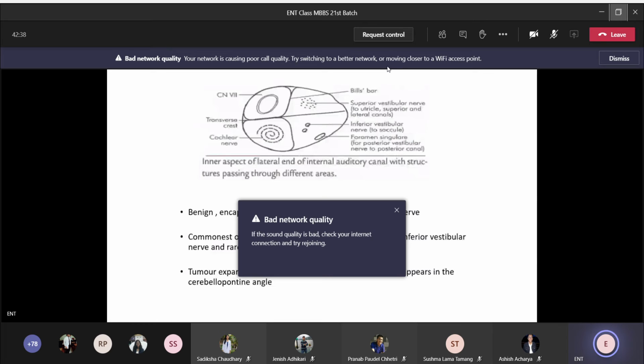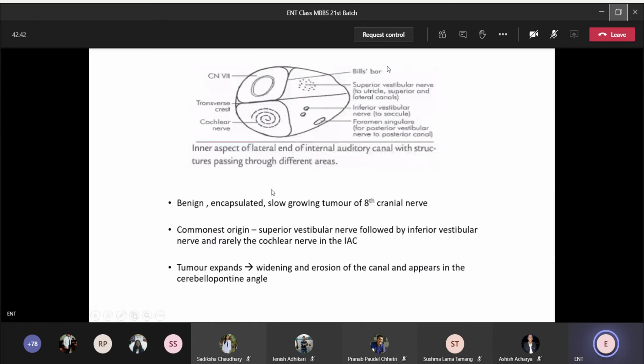If you talk about this tumor, it is a benign, encapsulated, very, very slow growing tumor of the eighth cranial nerve. The commonest origin is the vestibular nerve.